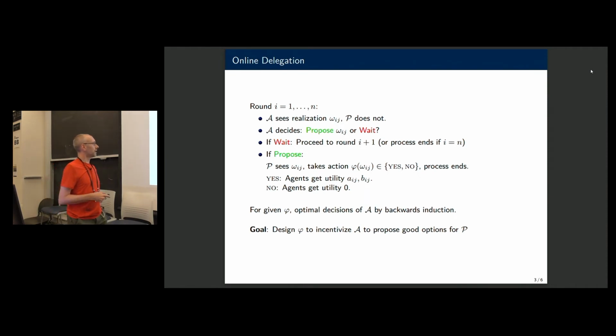Now, for a given action scheme, if I know which options are acceptable and which are not, the agent can solve this by backwards induction. You can go from back to the front, and this is essentially the online search model that is also addressed with prophet inequalities. So you go from back to front and optimize. Okay, so what's the goal now? The goal is, as the principal, to design this menu, the yes or no decisions, to incentivize the agent to propose good options for the principal.